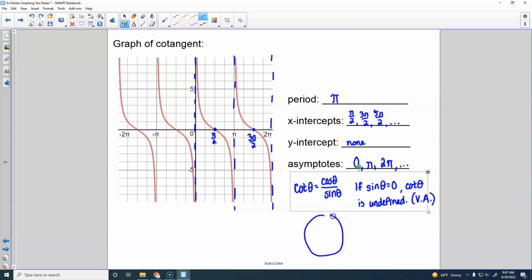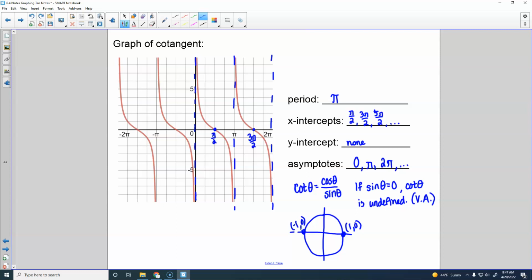So if you think about that unit circle, sine is your y-coordinate. It's going to have a value of 0 at 0 and pi, 2 pi, 3 pi, 4 pi, and so on. So that unit circle relates back to all of this, even with those functions that aren't on the unit circle.